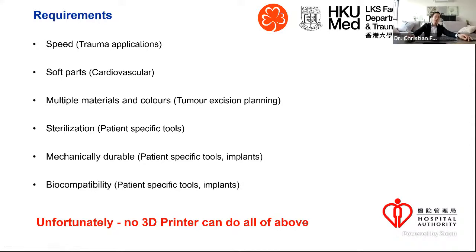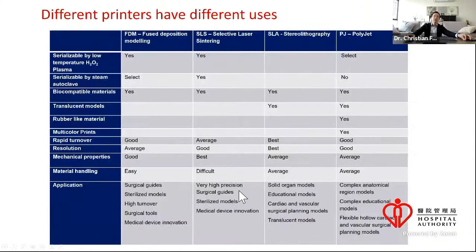Many of the current printers, the products will melt in that kind of temperature. For these tools and implants, you want it to be mechanically durable. It doesn't easily break. So you put a saw there, it doesn't shatter. And the ultimate is the implants. So you want them to be biocompatible, so cause no harm to the patient. So unfortunately, none of the printers can do all of the above at the same time.